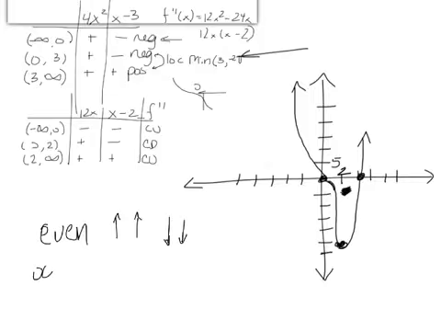If it is odd, you will have endpoints going opposite ways. Somewhere in the middle, you will have a break in this graph if you have anything higher than a linear function. So the idea is that it ends up to the right and down to the left, or down to the right and up to the left. Okay? So that's your even odd functions. That gives you the basic idea.